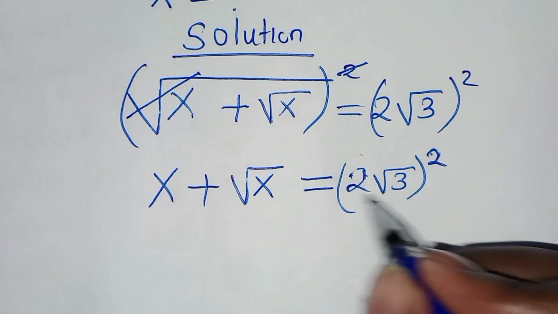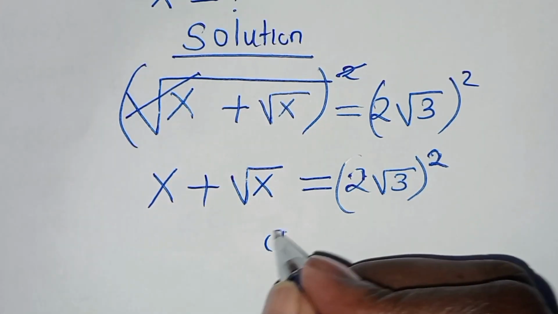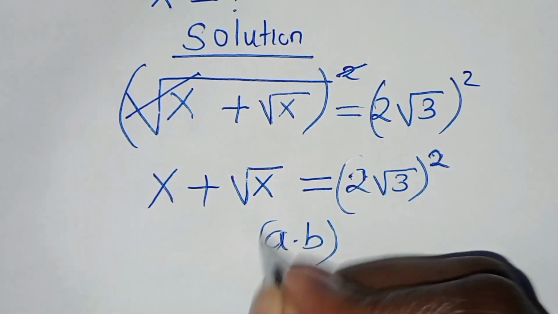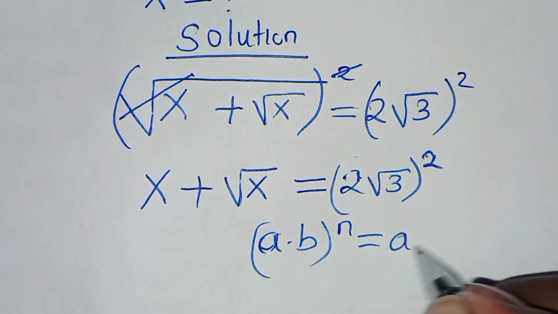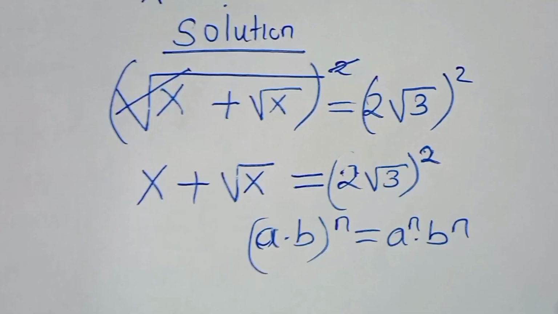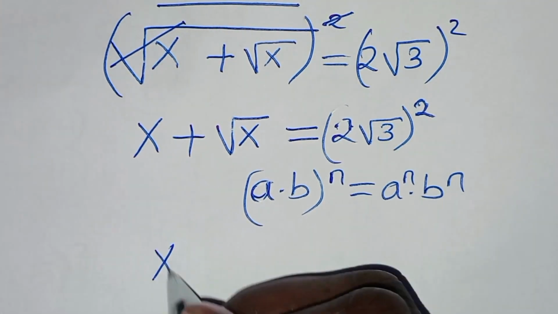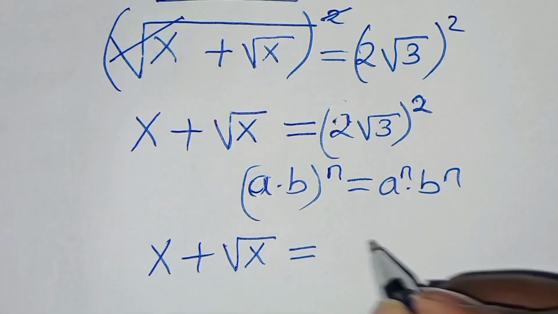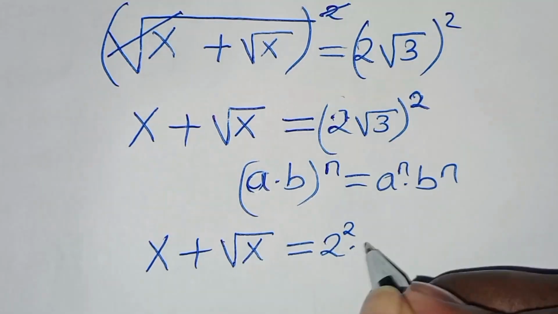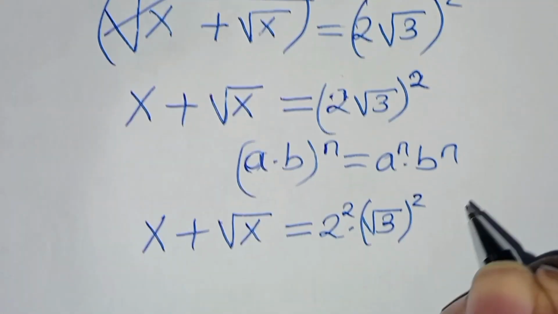Now we find that 2 times square root of 3 raised to power 2 is in the form of a times b raised to power n, which we can express as a to power n times b to the power of n. Applying this exponent property, x plus square root of x is equal to 2 squared times square root of 3 raised to power 2.